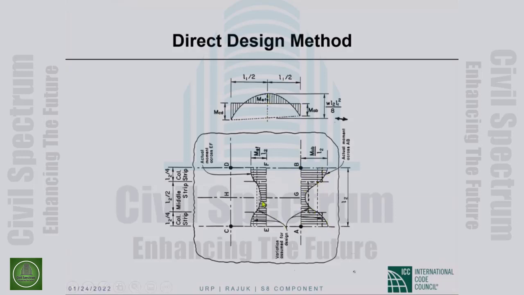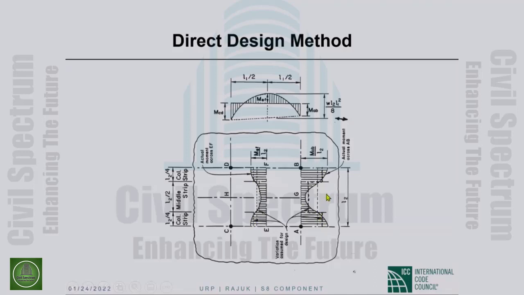Similarly, this positive moment is for the entire panel width, but across the panel width, the positive moment is not uniform. It varies as shown in the picture. So instead of taking this complicated variation for design, we go for a simplified, stepwise variation. For the support section as well as the span section, we take a stepwise variation.